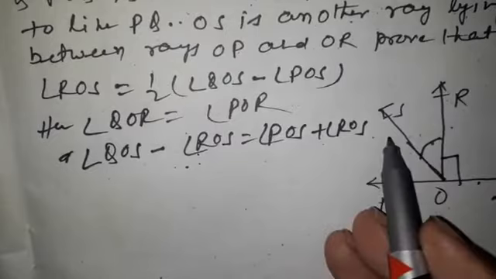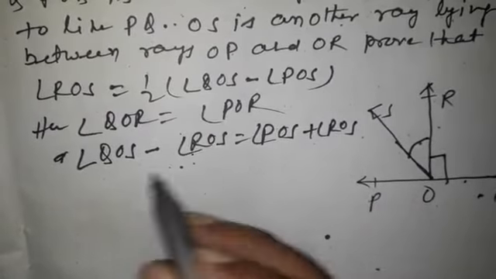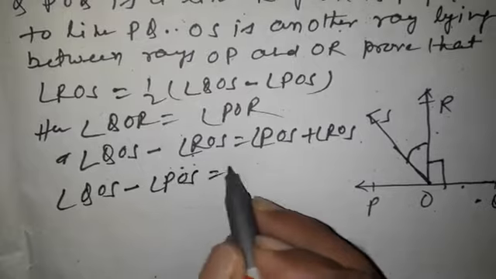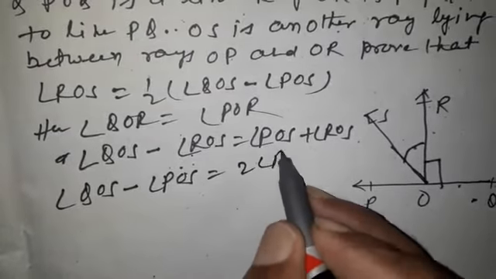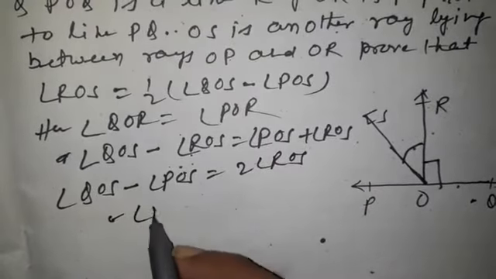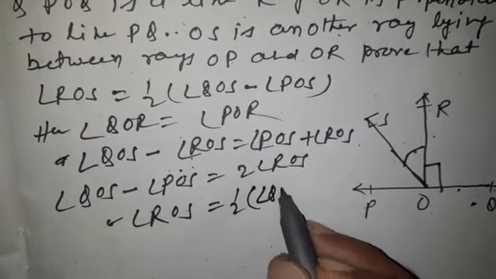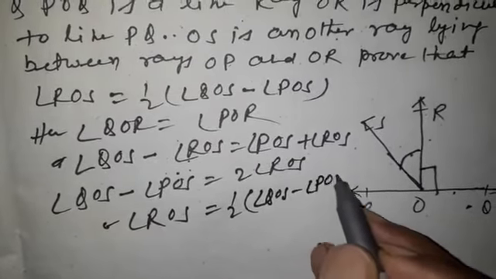Transposing ROS from the right side, angle QOS minus angle POS is equal to twice angle ROS, or angle ROS is equal to half of (angle QOS minus angle POS).